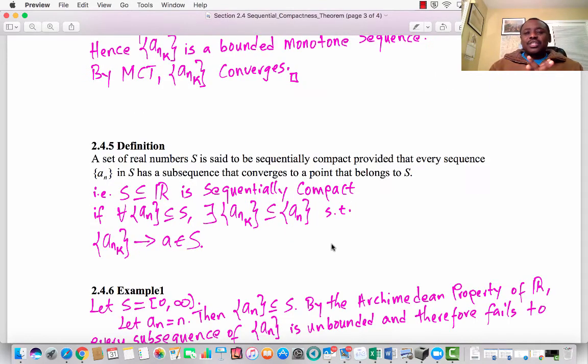Let's keep going. We are approaching the core of Section 2.4, the sequential compactness theorem. So let's go ahead and take a definition. Subsection 2.4.5.